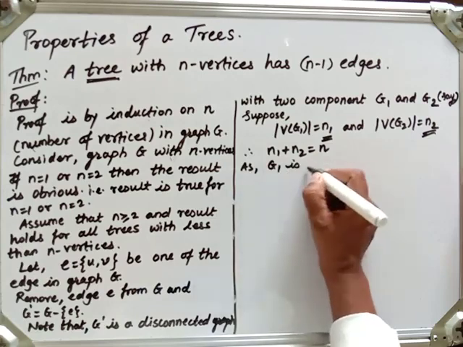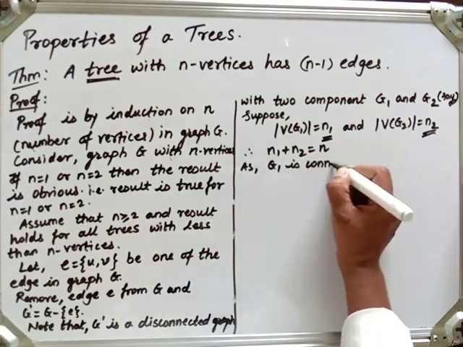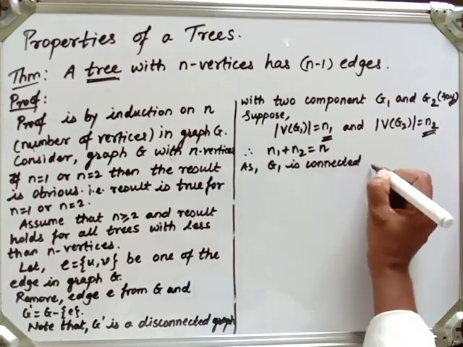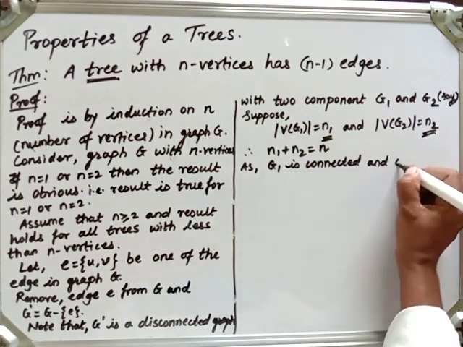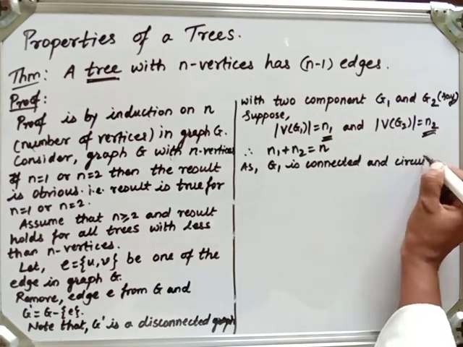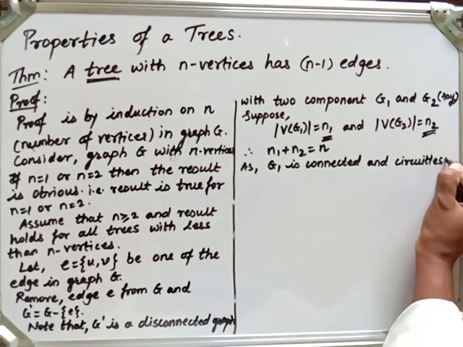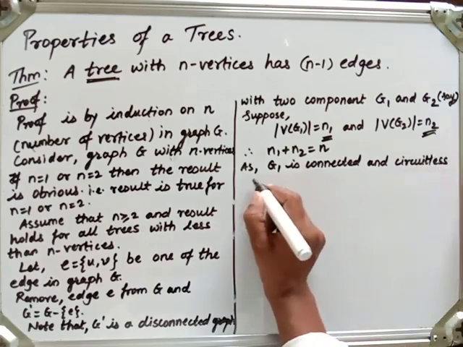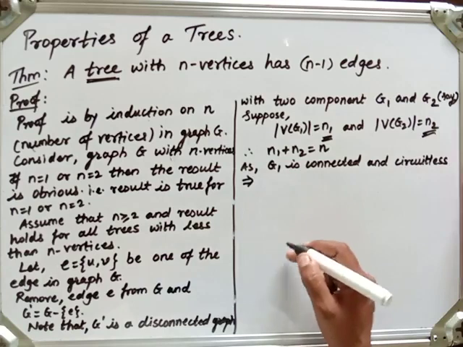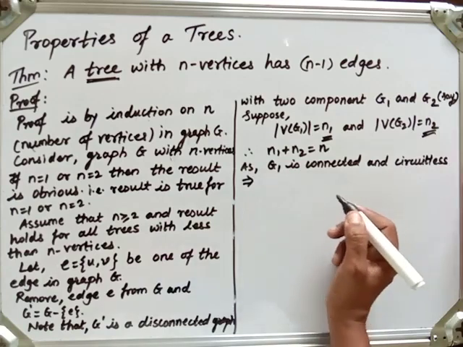Now as G1 is connected and circuitless, what does this imply? G1, as I showed, is connected and circuitless.